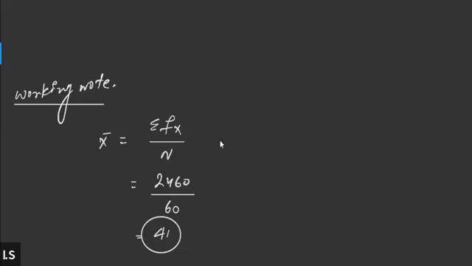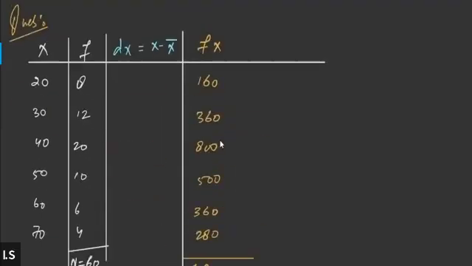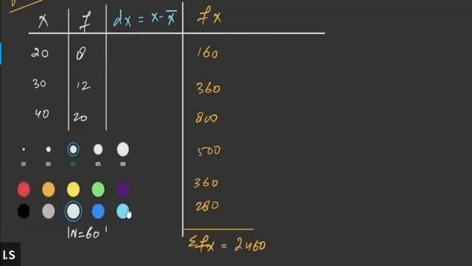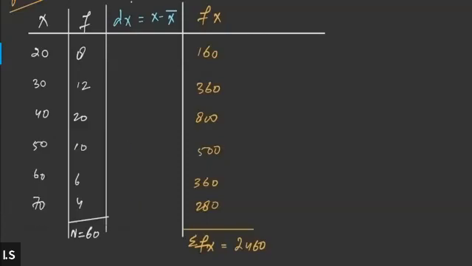Yes, sir. Okay, now as we have already calculated mean, now we will be able to find out the deviation. We got the value of mean as 41. So 20 minus 41 will be 21. 30 minus 41, 11, 1, 9, 19, and 29. Okay.